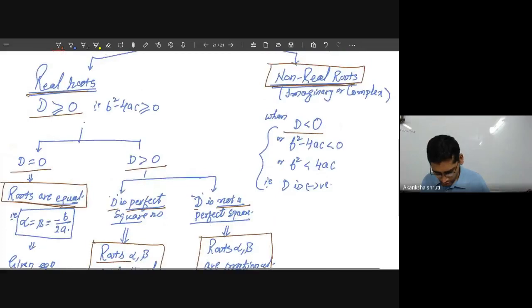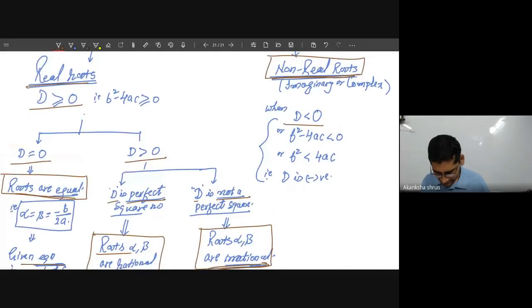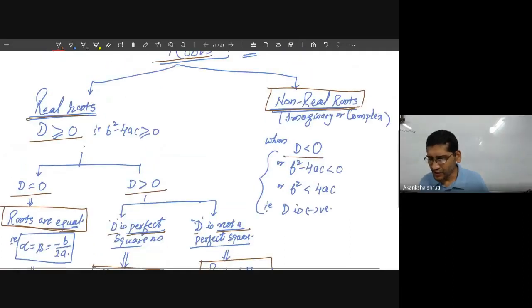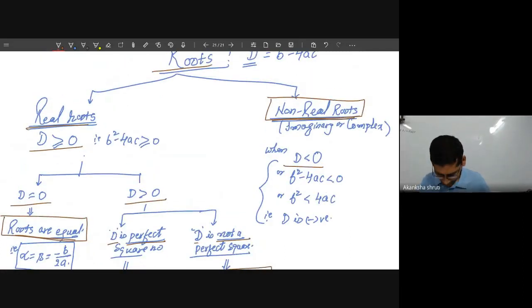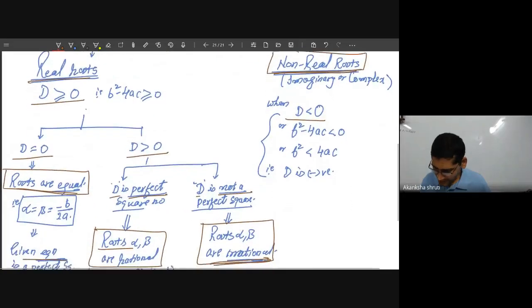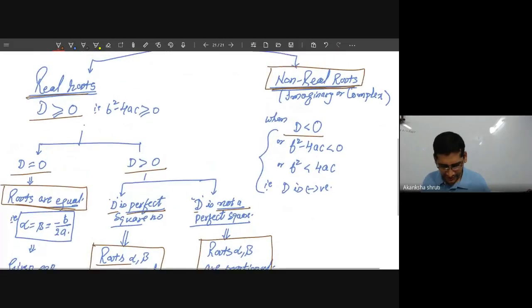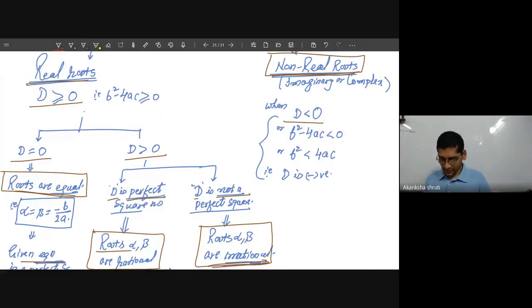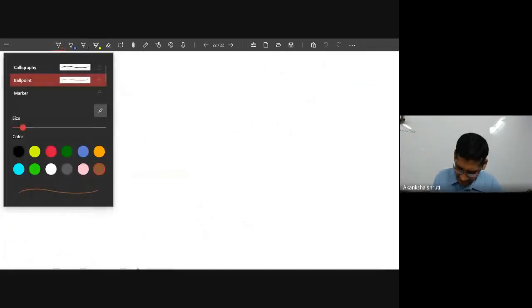So the nature of roots could be of four types: either equal roots, rational roots, irrational roots, or non-real roots. Equal, rational and irrational roots all fall under real roots. So these are the four types of roots that we have to keep in mind, student. So let us summarize all these things.